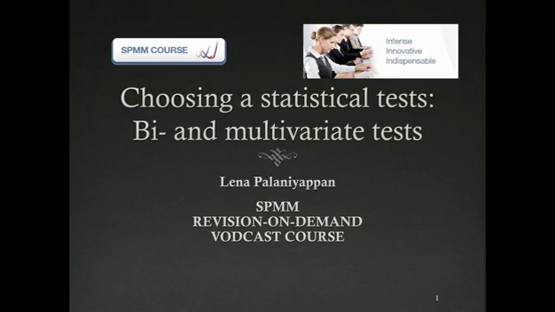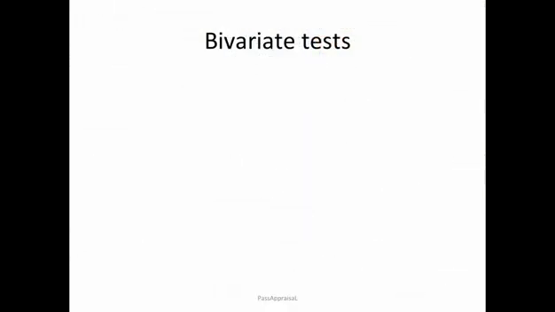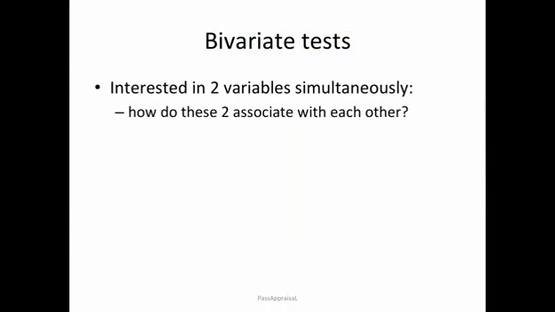In this podcast, I will discuss bivariate and multivariate statistical tests. What are bivariate tests? Unlike univariate tests, we apply bivariate tests if we are interested in two variables simultaneously and want to see how they associate with each other.